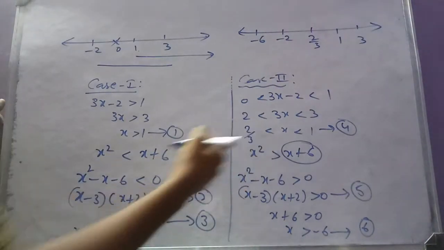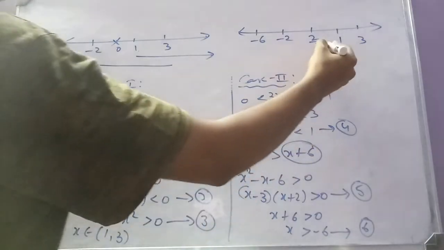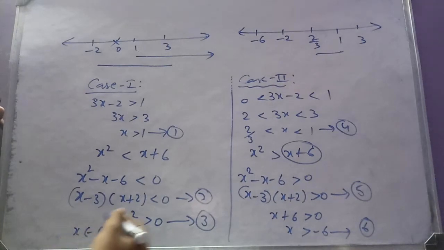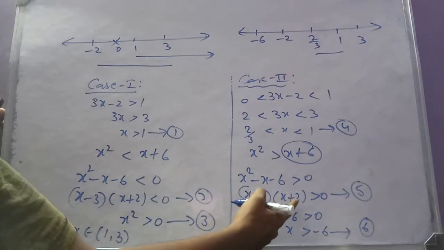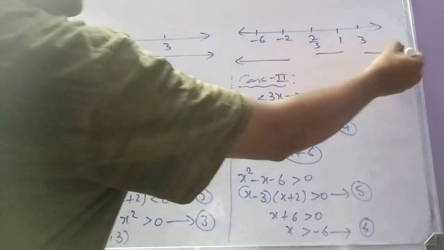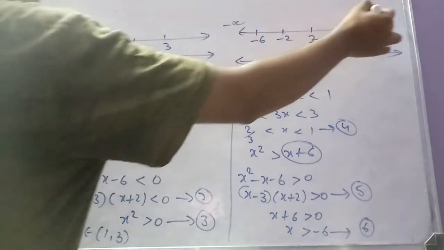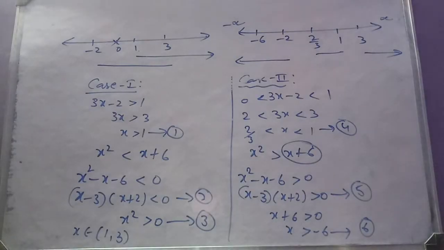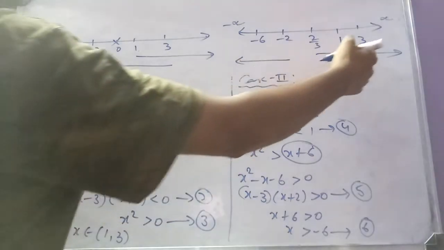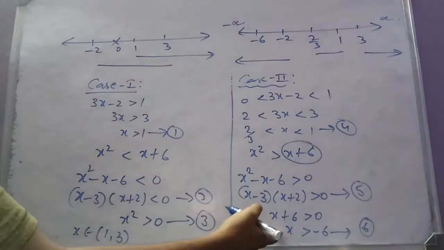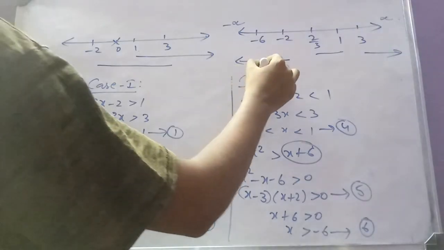The first inequality says that x is in between 2/3 and 1. And then this inequality says that x is either less than minus 2 or greater than 3. Do not forget to keep minus infinity and plus infinity. And then this says that x is greater than minus 6.